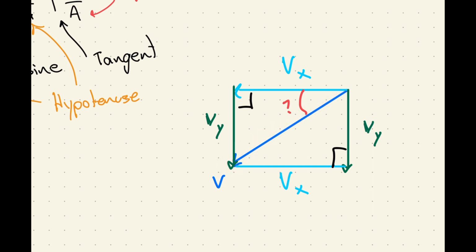It's always this guy. So I will label this V as the hypotenuse, right? Now you have to take a look at what the angle is, where the angle is located. This is the angle we're looking at. And by symmetry, this is also the same angle right here. This angle and this angle are equal.